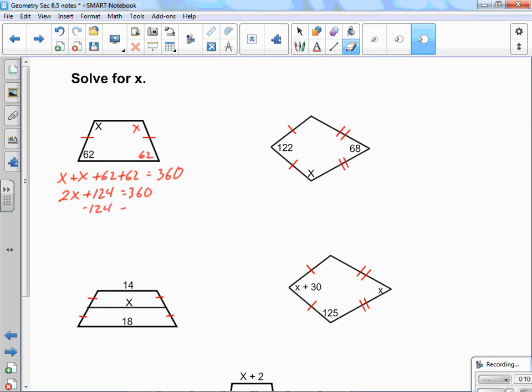Subtract 124 from both sides. 2x equals 236. And divide by 2. X is going to be 118.